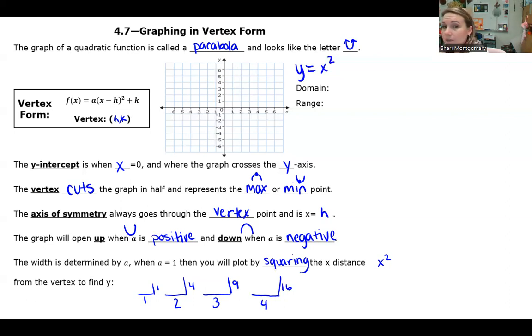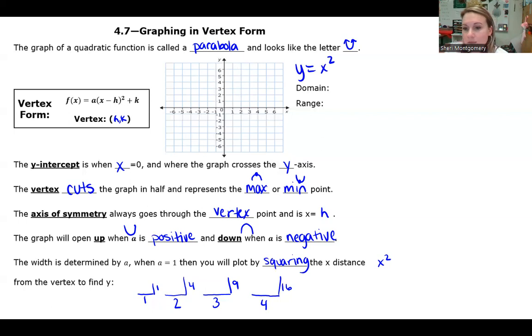What is h and k? What are h and k? What do you think? 0.